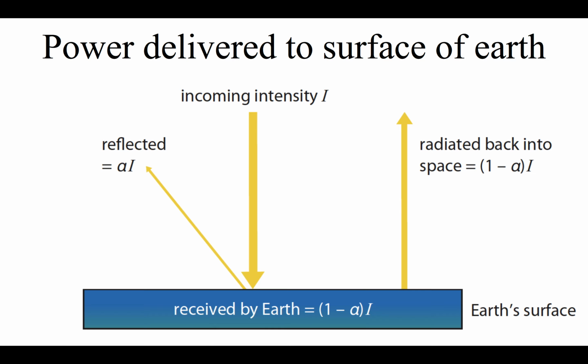We then have the intensity of light received by the Earth, and that is given by the quantity 1 minus albedo times intensity. And here we are treating planet Earth as a black body, so the intensity of the light radiated back into space is given by the quantity 1 minus albedo times intensity. That is the same as what is received by the Earth. So assumption, the Earth is a black body.